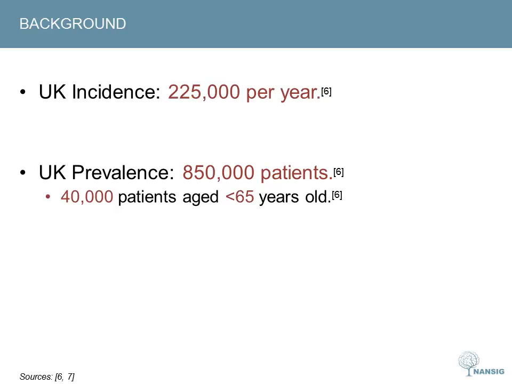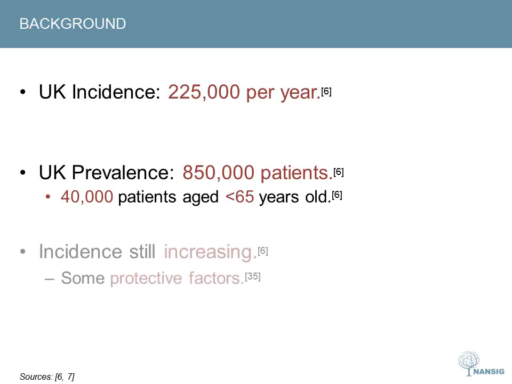Incidence of dementia is projected to increase in the future, largely due to the ageing population. However, the increase in the number of cases does not appear to have a linear relationship with population ageing. Protective factors such as better management of cardiovascular disease and improved education may cause a fall in the overall incidence of dementia.